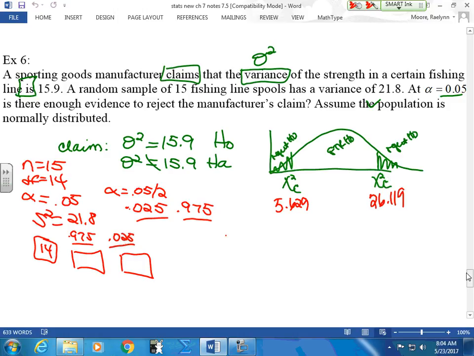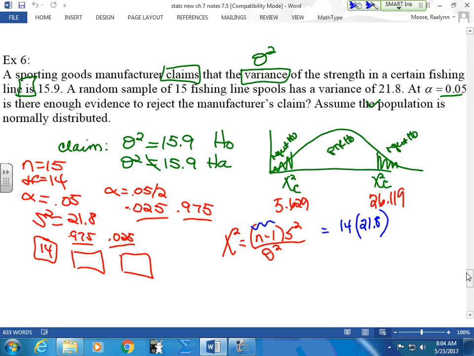Now, your formula is not so bad. Here's my formula: n minus 1 is my degrees of freedom, so my degrees of freedom, 14. S squared is my sample variance. If I have my variance, I just plug it in. Do I square it?